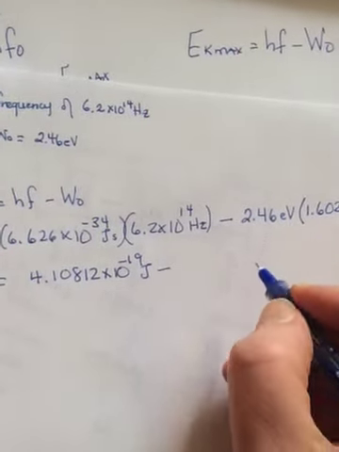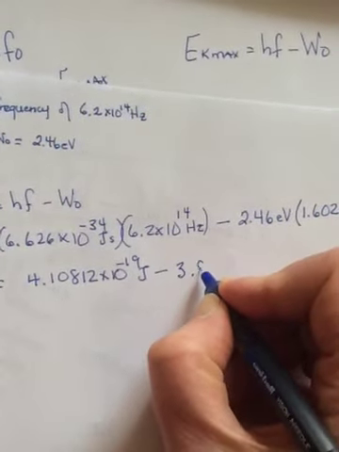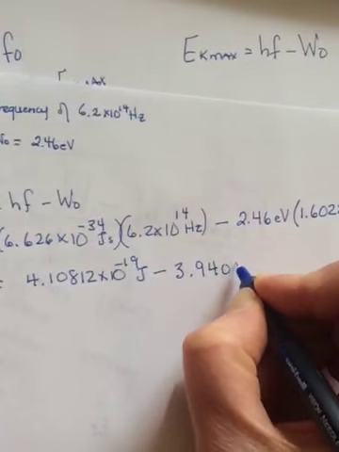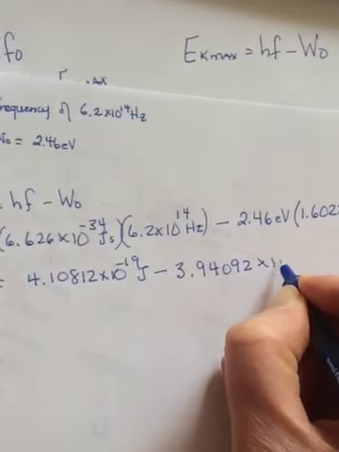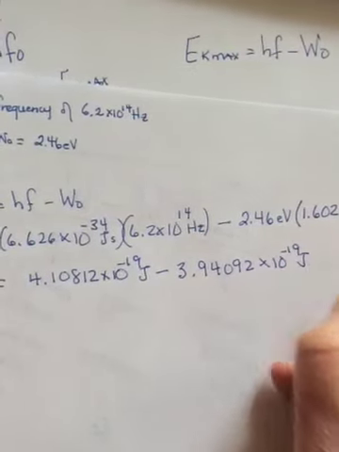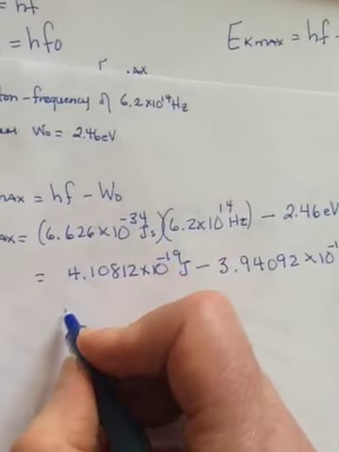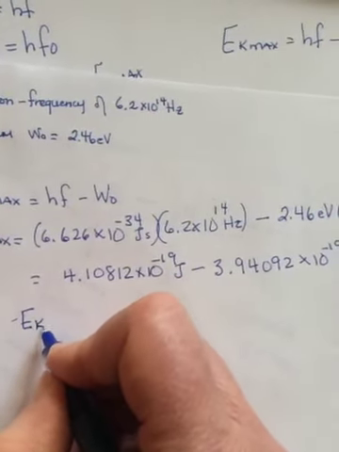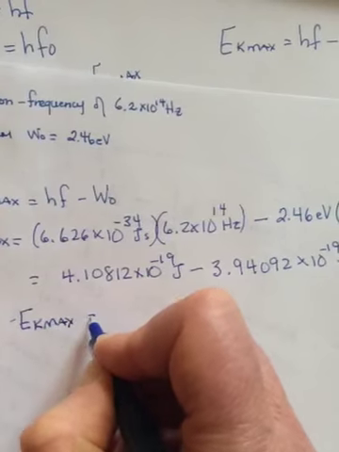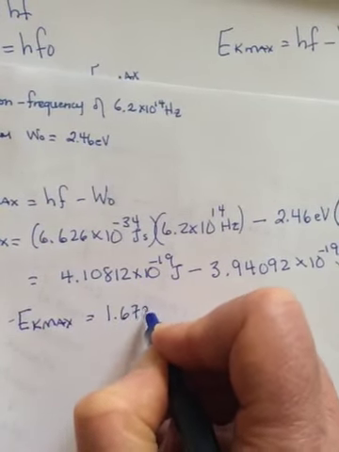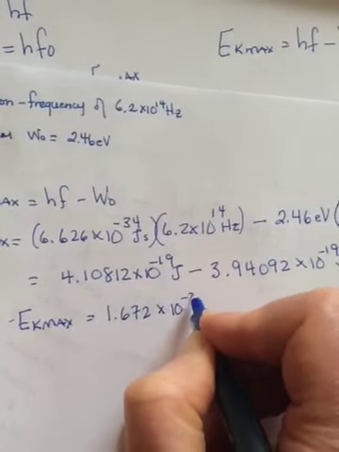The second term gives me 3.94092 times 10 to the negative 19 joules. And so my Ek max will be equal to 1.672 times 10 to the negative 20 joules.